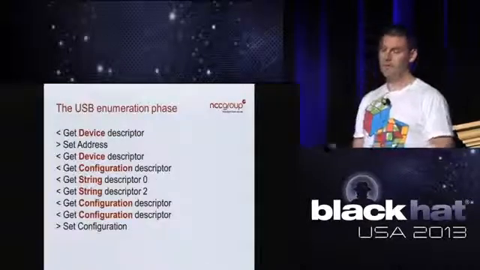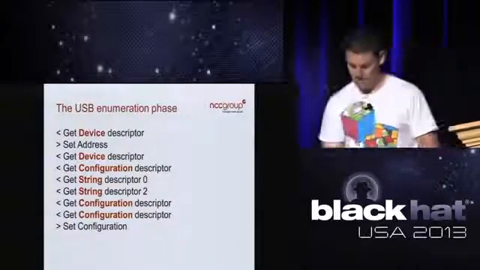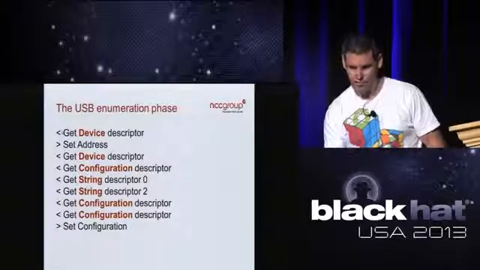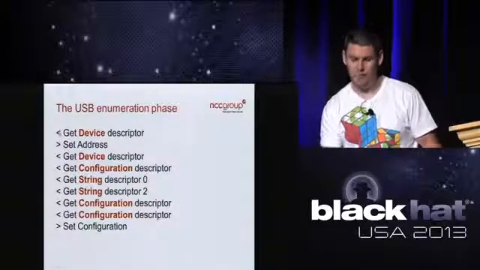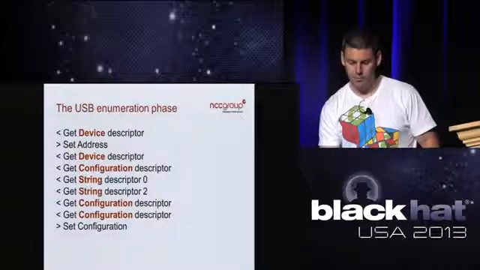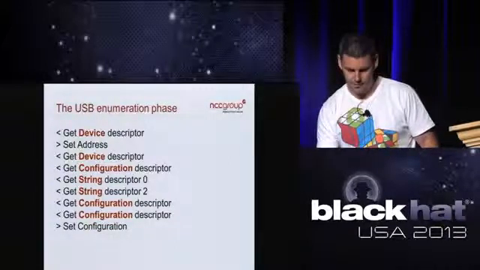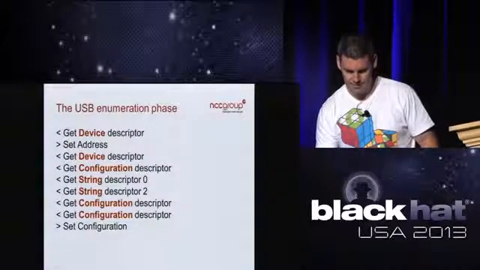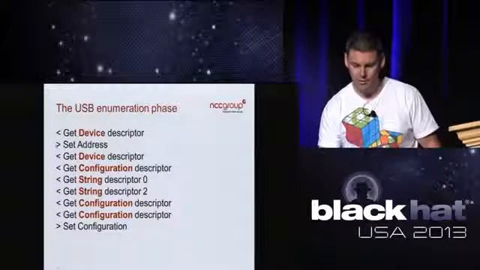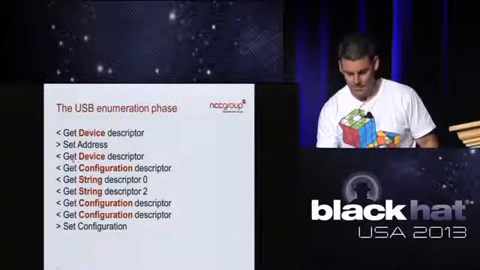So here's an example of a typical enumeration phase. The arrows at the beginning here are just indicating the direction of the traffic. So for example, when a host asks for a device descriptor from a device, the device descriptor is being sent from device to host. Host then sets an address.